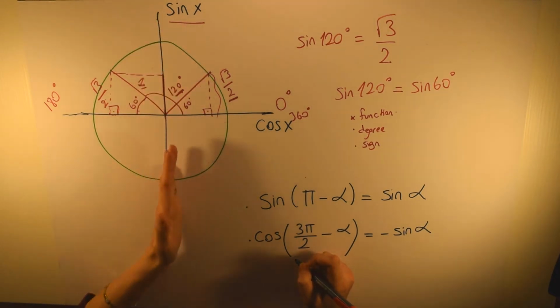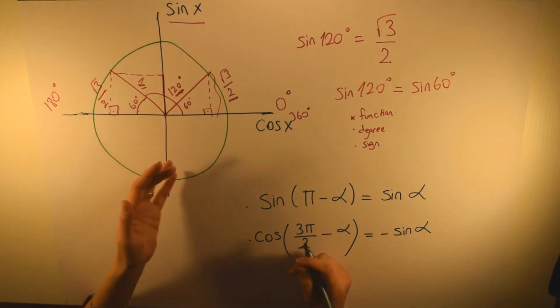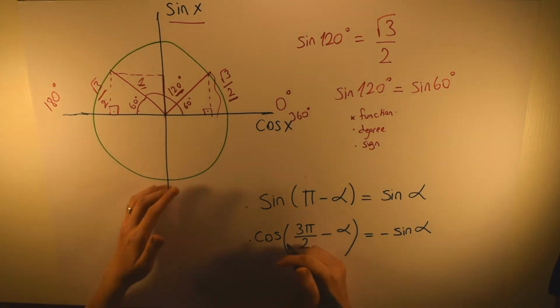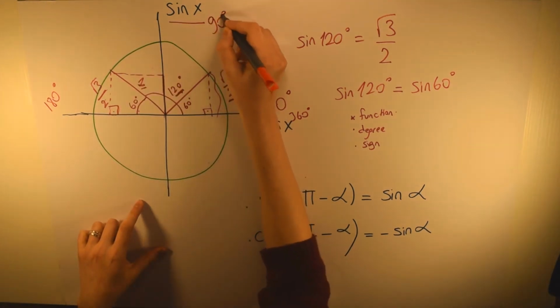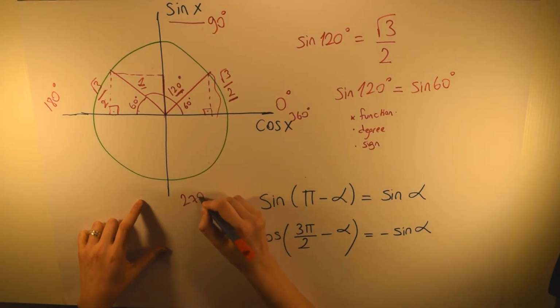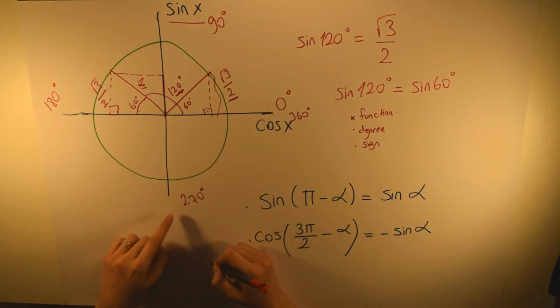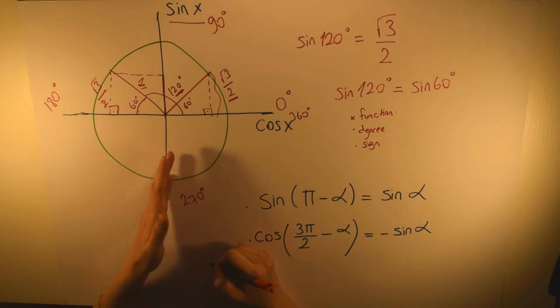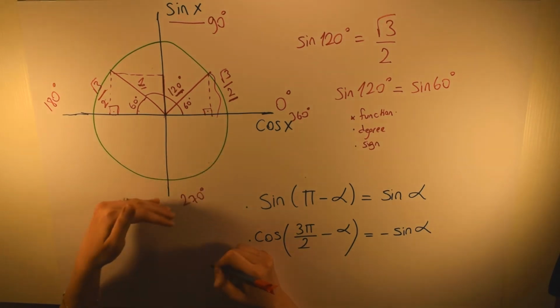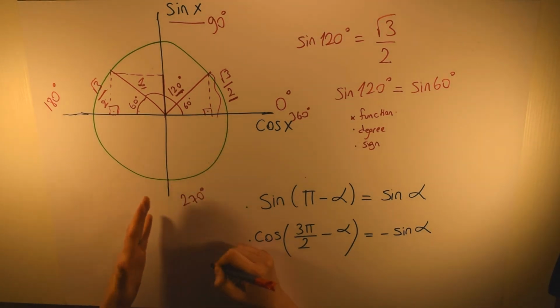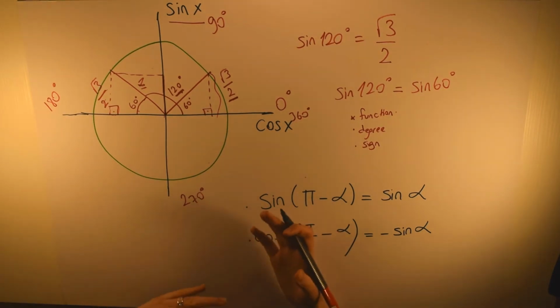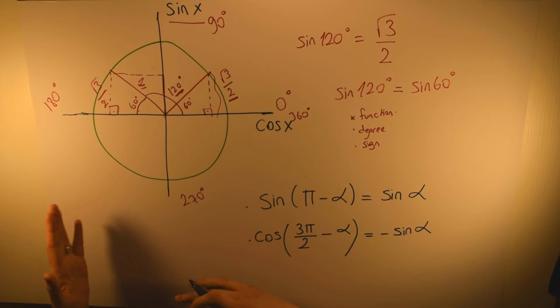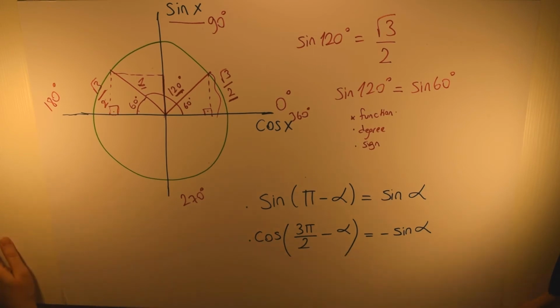And when you look at this vertical line, we have here 90 degrees and 270 degrees, right? At the vertical line, the function changes, which means sine will become cosine, and cosine will become sine. So let's solve one example and you will understand better.